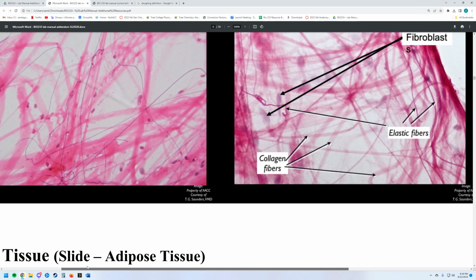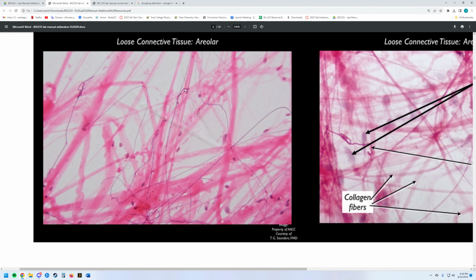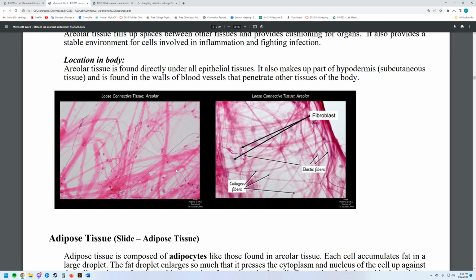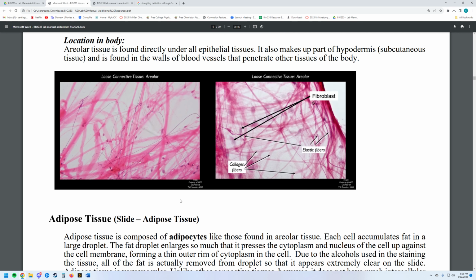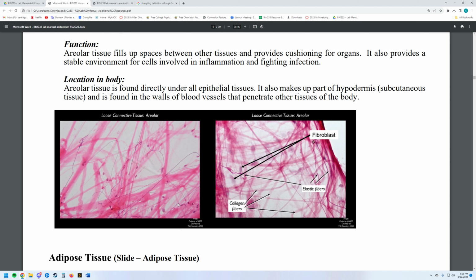Mainly because if you look over on this slide, you'll see there are all these kind of purplish ones, and they've got these big red ones. I don't know. We'll have to ask her. What is the difference between collagen fibers and elastic fibers? Mainly how they look.